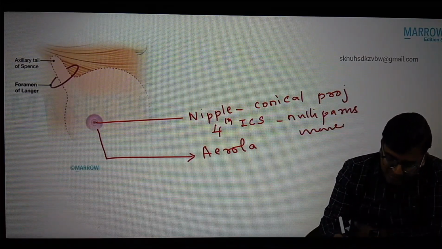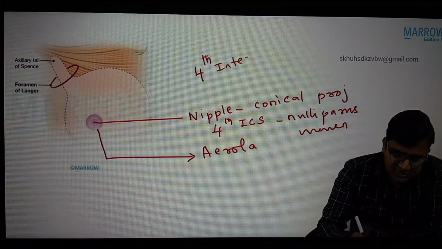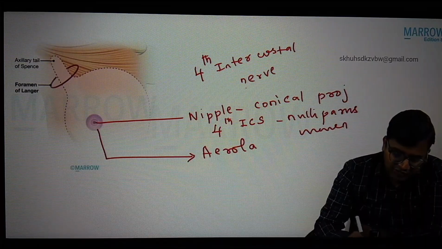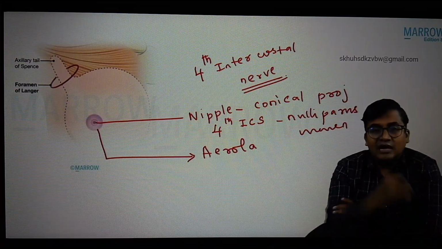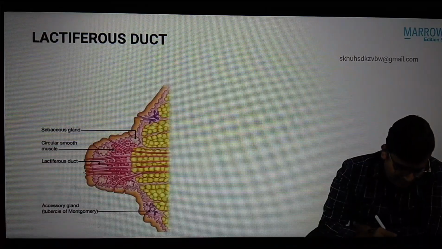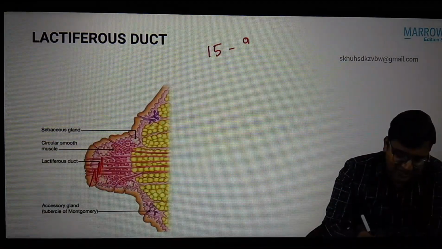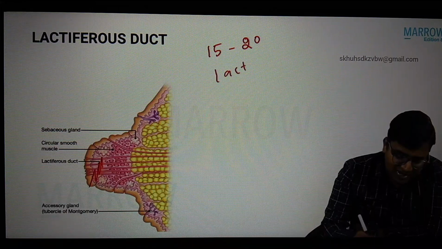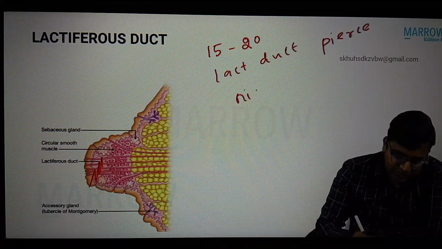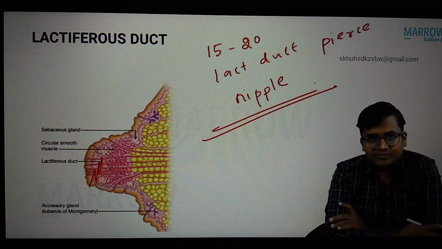The nipple is supplied by the fourth intercostal nerve. Nipples are pierced by numerous lactiferous ducts, exactly 15 to 20 lactiferous ducts pierce the nipple.